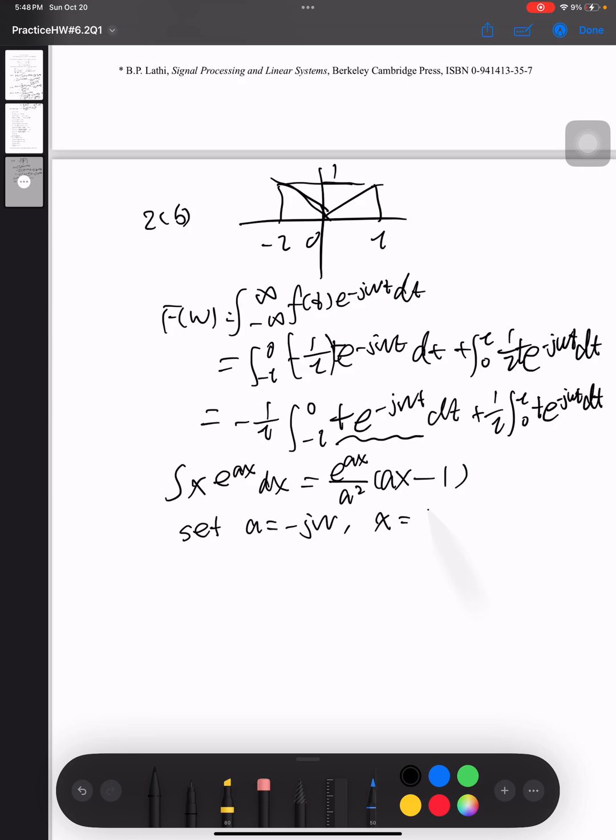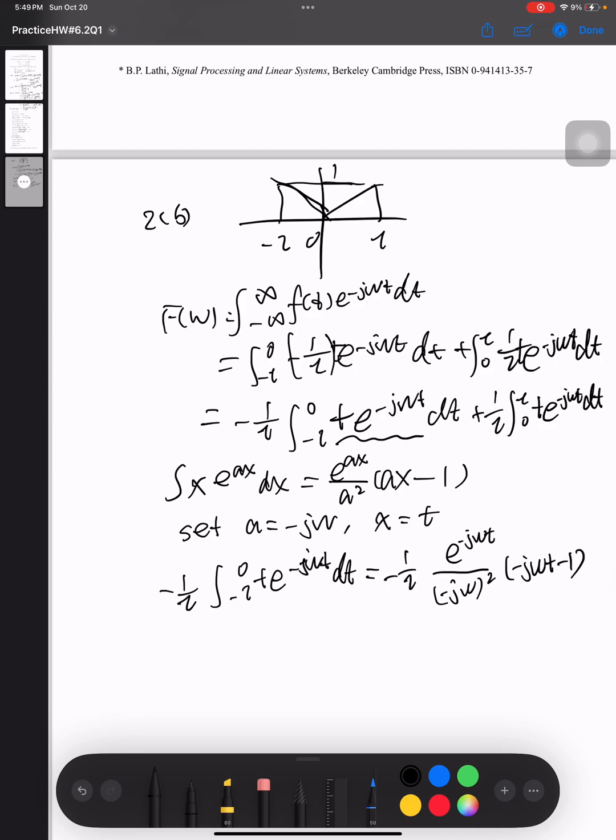So for the first part, from minus tau to 0, of t e^(-j omega t) dt, we can directly get 1 over (minus j omega) squared, and the part is e^(-j omega t) times (minus j omega t minus 1).